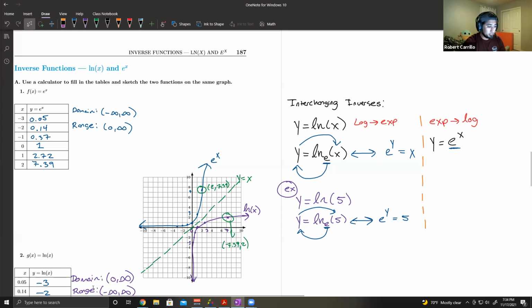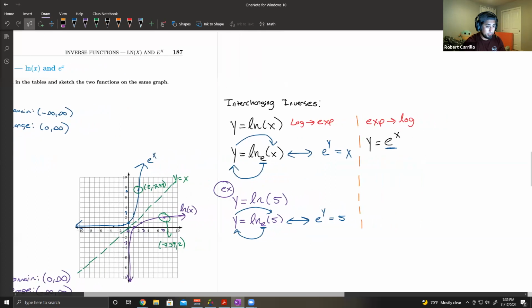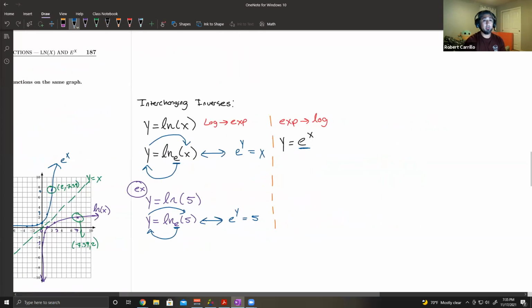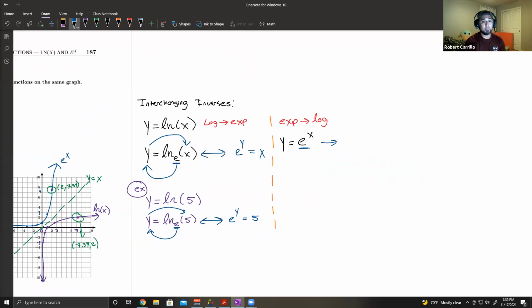So we'll say natural log base e of the outside number, y. So we get natural log base e of y, and set this equal to that exponent of x.